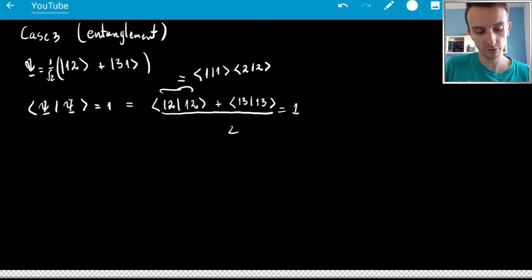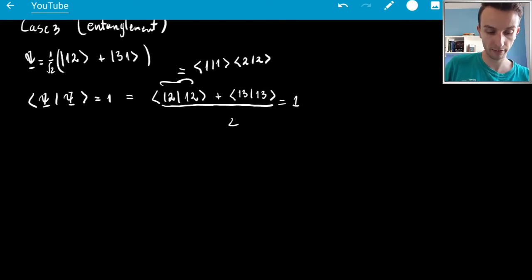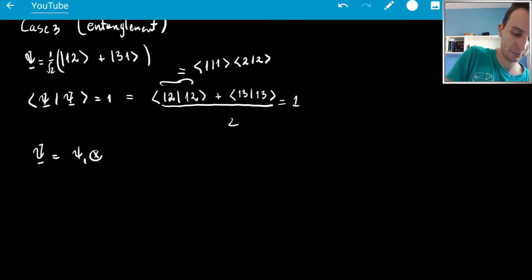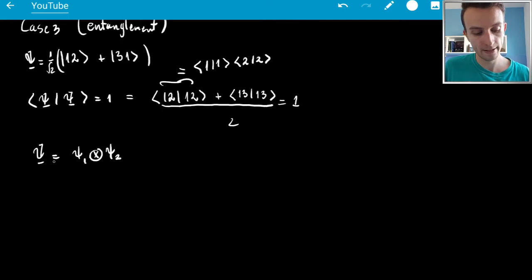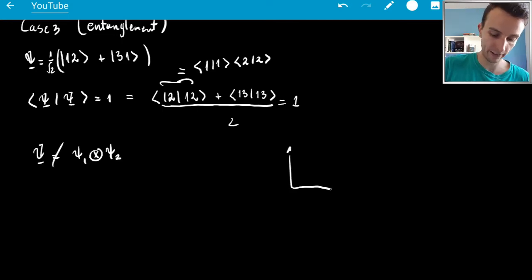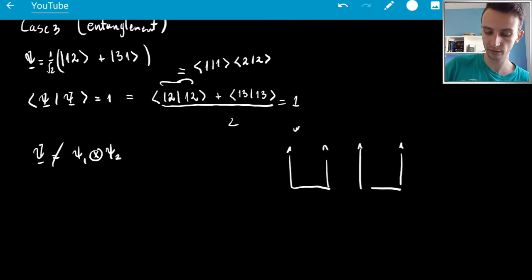Okay, so in case 3, where we have entanglement, things get interesting because I cannot write psi as psi1 tensor psi2 like I did before, right? If I could write it like this, I wouldn't have entanglement. Let's see why that's the case. So again, I will draw both of the wells, well 1 and well 2.